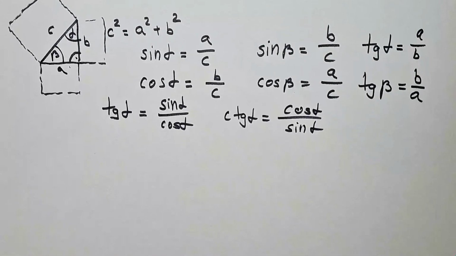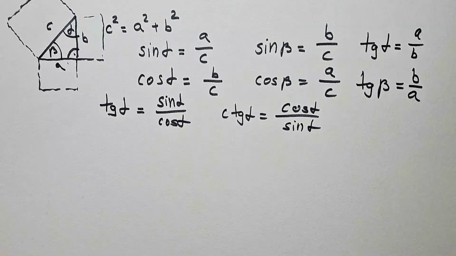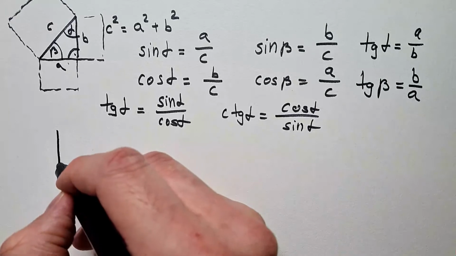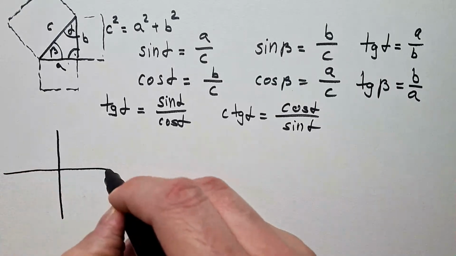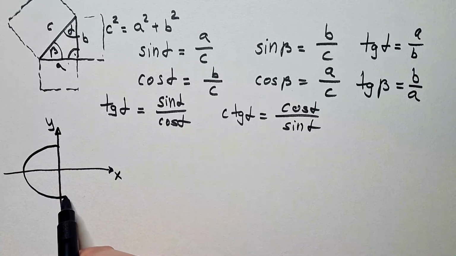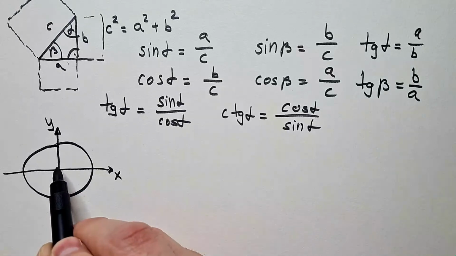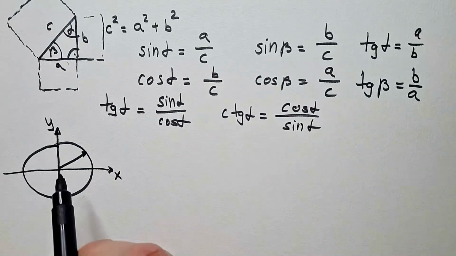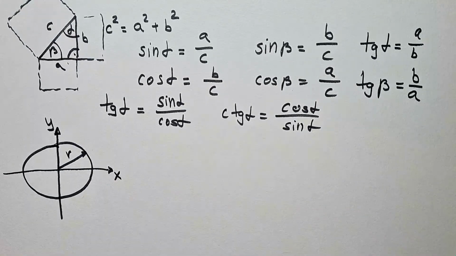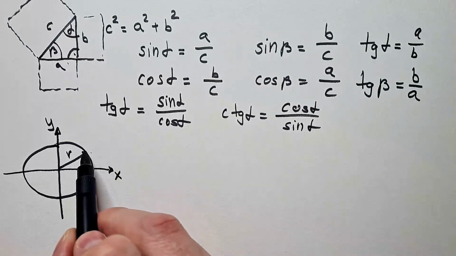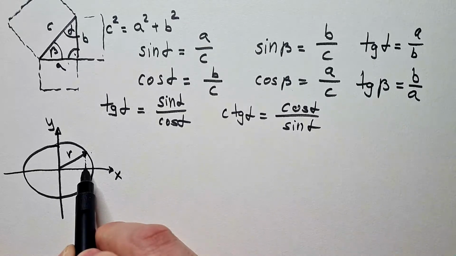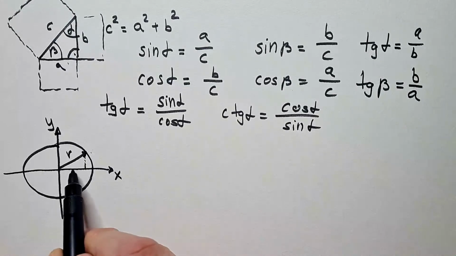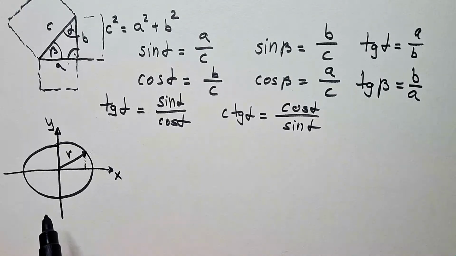We can also use something called the trigonometric circle to represent sine and cosine. Let's say I have this nice Cartesian coordinate system. I have a circle that has radius r, and that radius is 1. What are the components of this? Well, this is the y component of r, this is the x component of r.